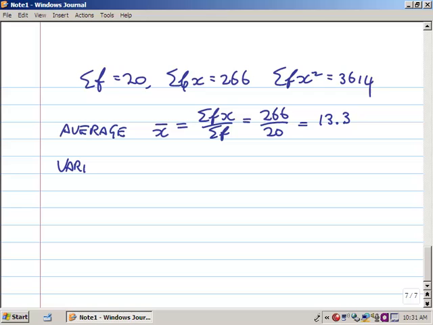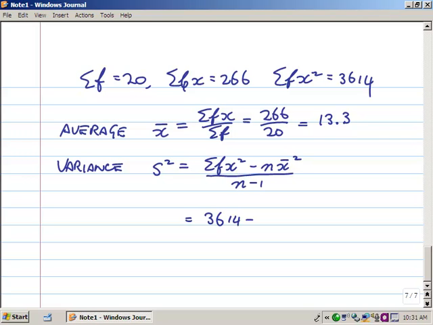The variance s squared is sigma fx squared minus n times x bar squared, divided by n minus 1. Sigma fx squared is 3614 minus n, that's sigma f, 20 times x bar 13.3 squared, divided by n minus 1, 20 minus 1.